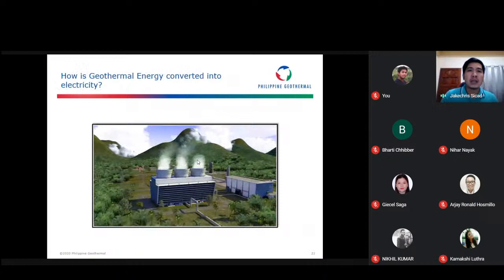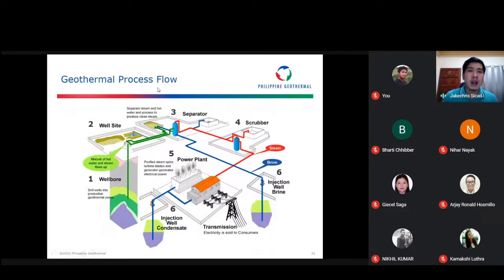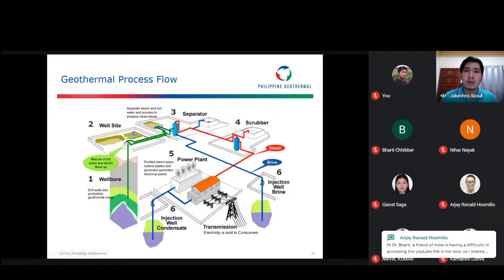So how is geothermal energy converted into electricity? This is a short diagram. We have the well bore. As you can see here, we drill the wells into a productive geothermal resource, and then that steam is brought upwards to the wellhead, and then put into the separator, which is number three here.